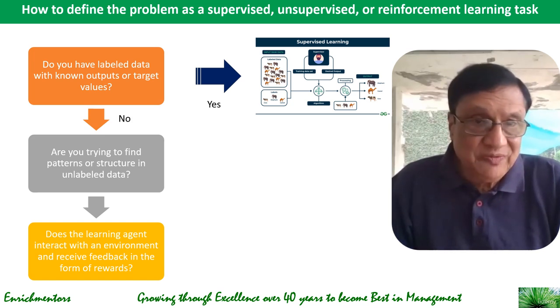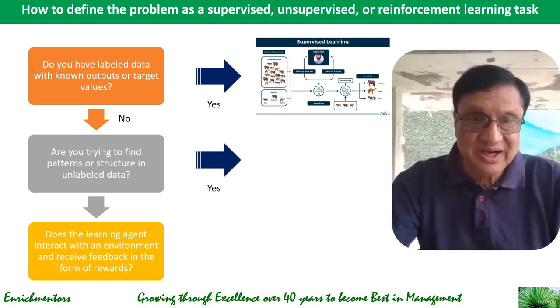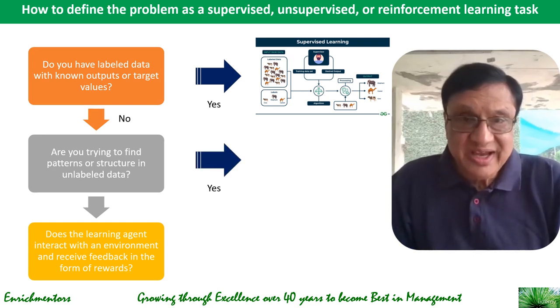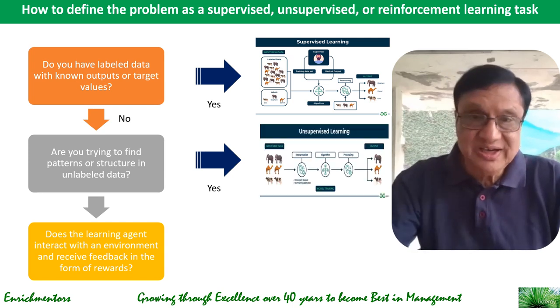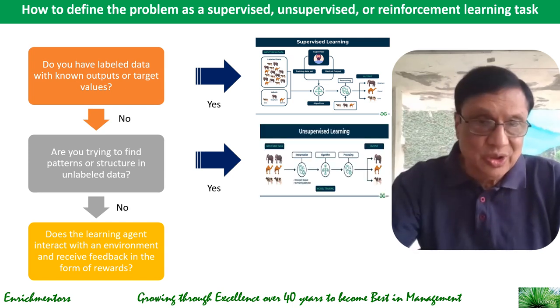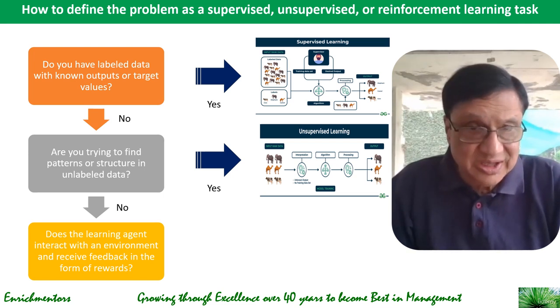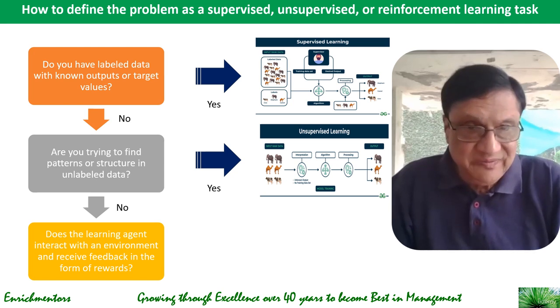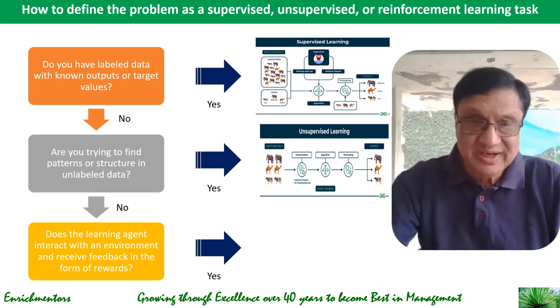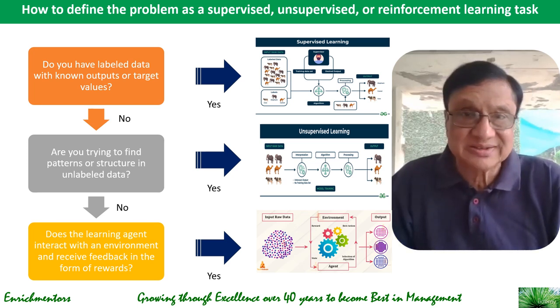Are you trying to find patterns or structure in unlabeled data? If the answer there is yes, then it's clearly an unsupervised learning task. And if the answer is still no, then you ask the last question: does the learning agent interact with the environment and receive feedback in the form of rewards? If the answer is yes, then it is a reinforcement learning task that you have.